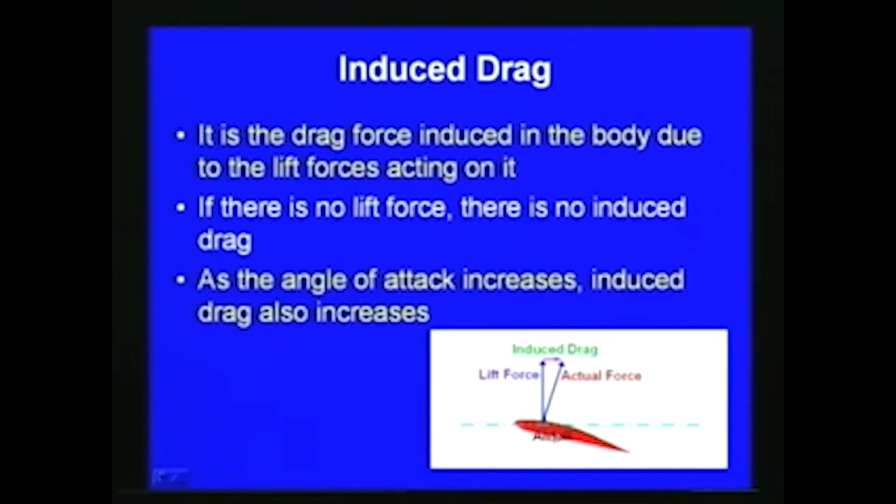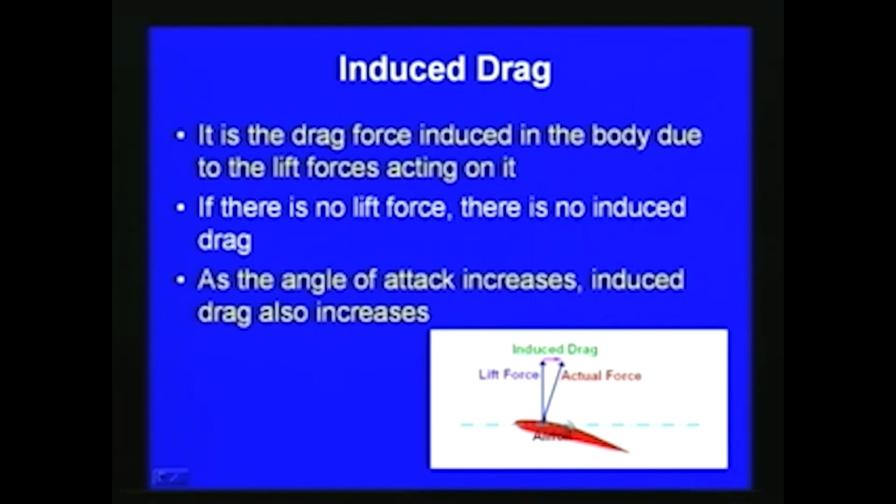Here you can see that if you consider an airfoil like in this figure, the drag force will be in this direction and the lift force will be in the normal, upward direction. Since the airfoil is placed at some angle with respect to the free stream flow, an induced drag will come here. This is due to the lift force. If there is no lift force, then there is no induced drag.